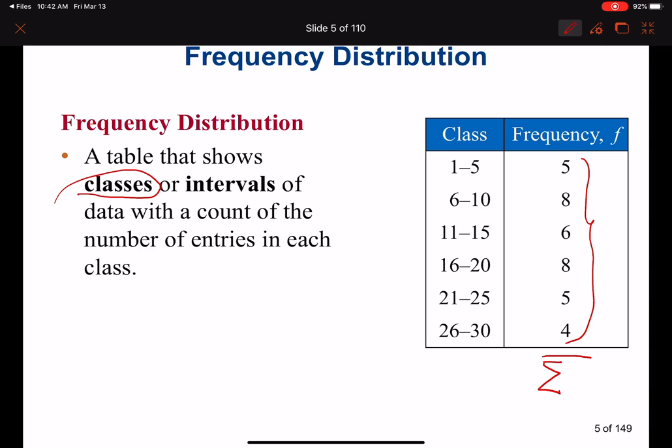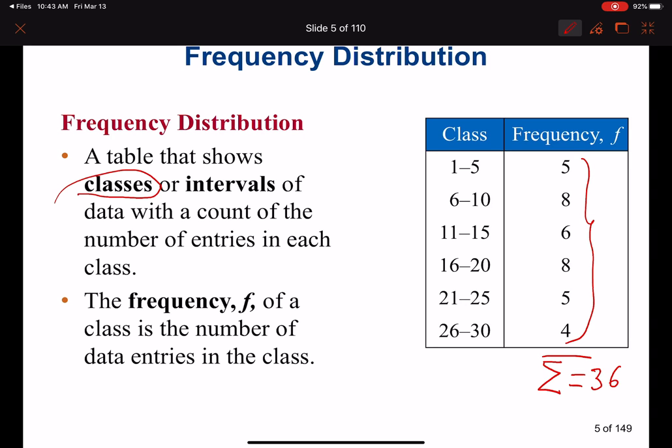Summation is equal to, let me see how much: 5 plus 8 is 13, plus 6 is 19, plus 8, 27, plus 5, 32, plus 4, 36. So in the sample there are a total of 36 people. The frequency of a class is the number of data entries in the class.